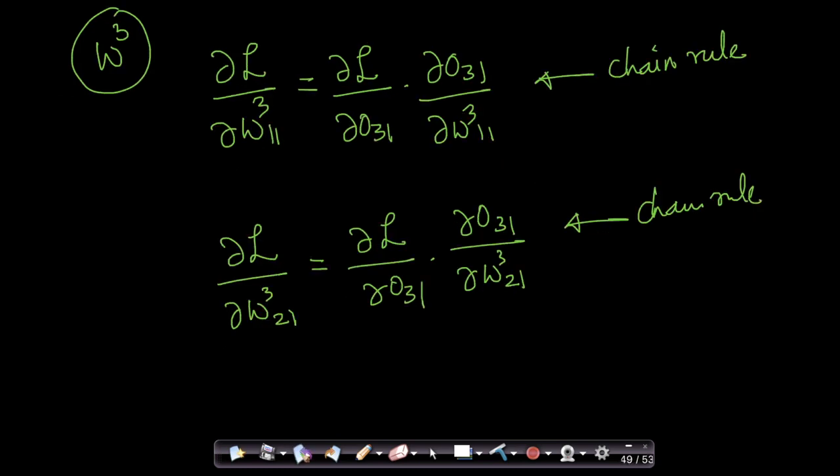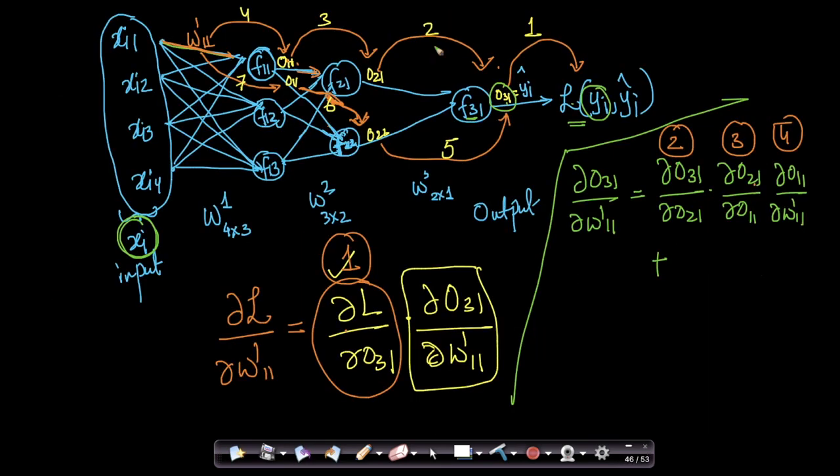Right? Similarly, here in this diagram also, I finished my 1, I finished my 2, I finished my 3, I finished my 4. What I'm left with? 5, 6, 7. So let's write them down. It's derivative of O31 with respect to O22, right? And O22 with respect to O11.